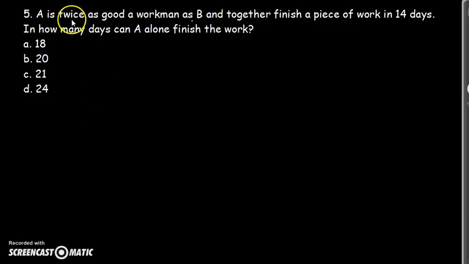When we say A is twice as good a workman as B, we are essentially saying A is twice efficient. So if B takes 2x days to finish any work, say W, A will take x days to finish the same work, working alone.